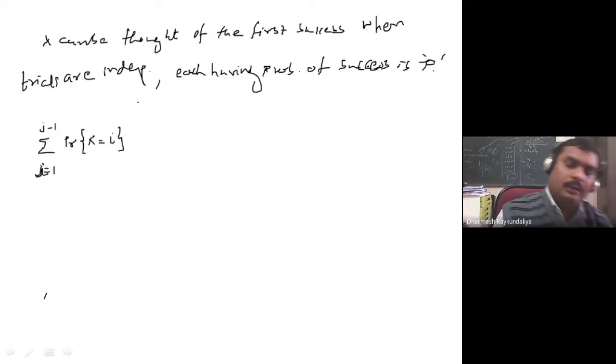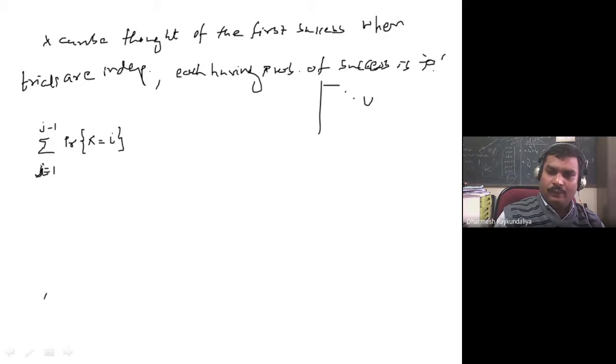Suppose I am writing the cumulative probability of x equal to i, where i is running from 1 to j minus 1. Why am I interested in that? Because in the earlier setup we have seen that U lies between summation i equal to 1 to j minus 1 Pi and summation i equal to 1 to j Pi. So we write about this.